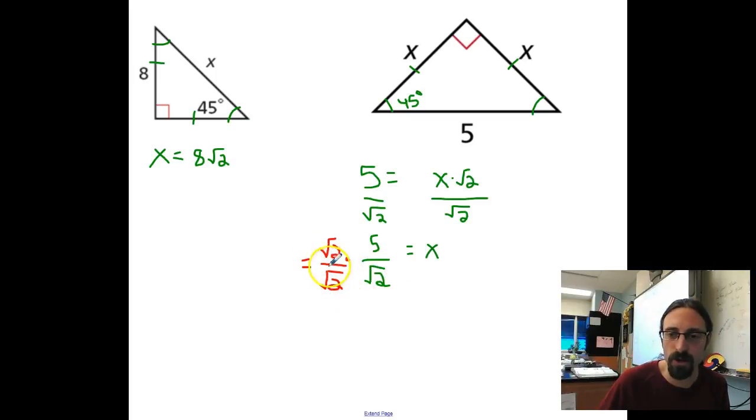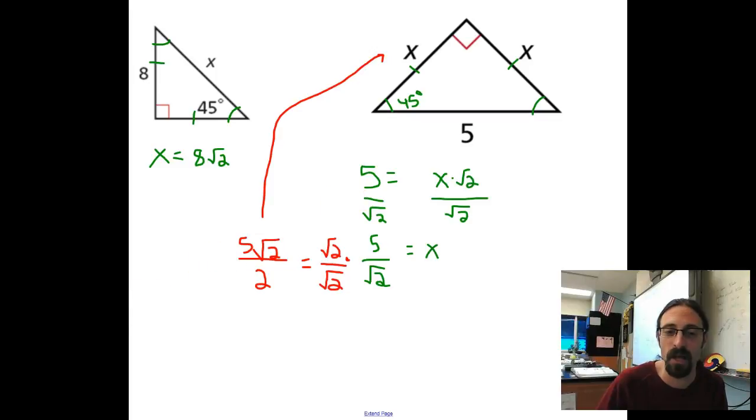The square root of 2 times the square root of 2 is just 2. And then 5 is a whole number. The square root of 2 is in simplest form. So I've got 5 square roots of 2 divided by 2. And that is in simplest form. So again, 5 square roots of 2 over 2 is this side right there.